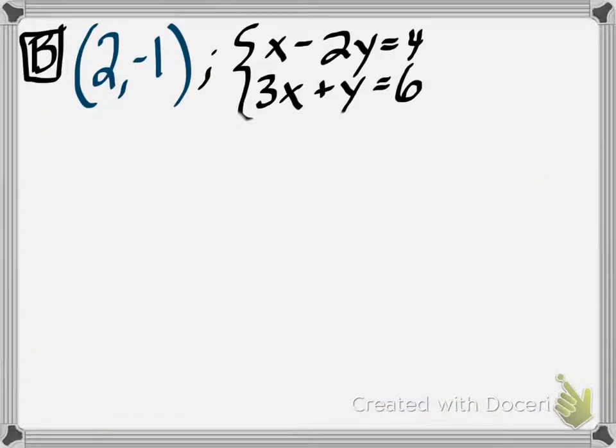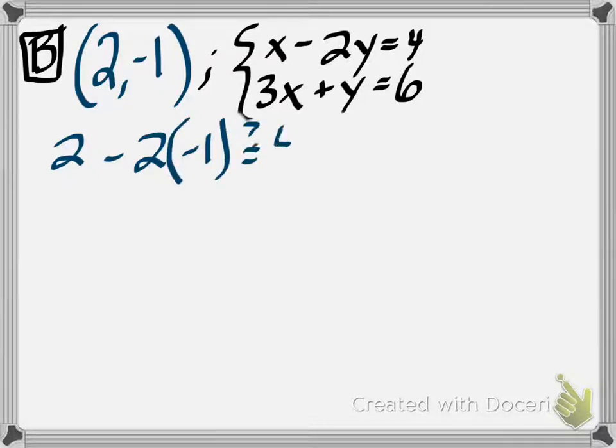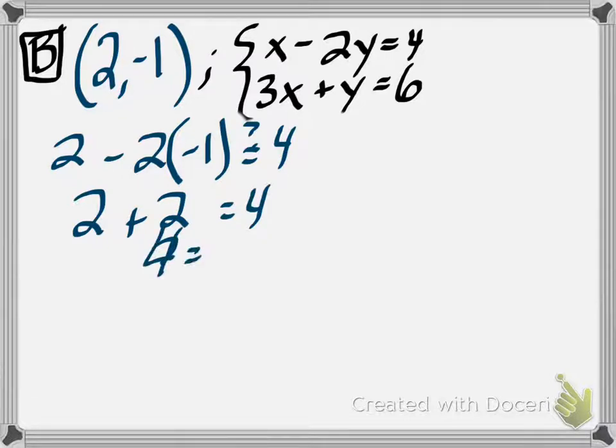Let's look at example B. My ordered pair is 2, negative 1, and my system is x minus 2y equals 4, and 3x plus y equals 6. Let's plug in x, which is 2, minus 2 times y, which is negative 1, does it equal 4? 2 minus 2 times negative 1 is 2 plus 2, which does equal 4.